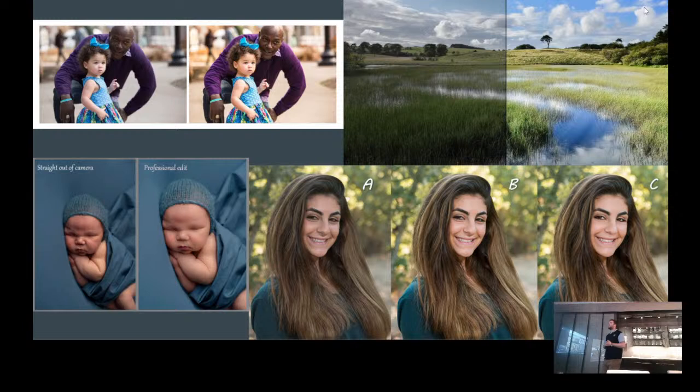And then you get into something a little more drastic, like the bottom right corner where you have A, B, and C. When you go from A to C, you can see things like her skin tone lightening up a little bit more to show more light. You can see that if there are blemishes or wrinkles, those have been removed. On top of that, you can see the hair has been lightened up to show off more of the highlights.